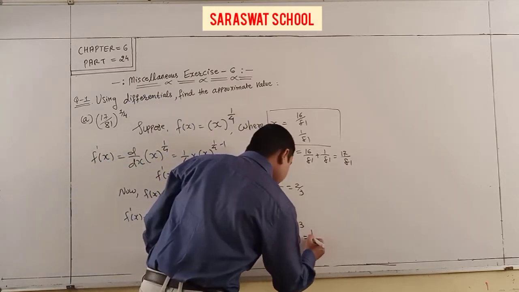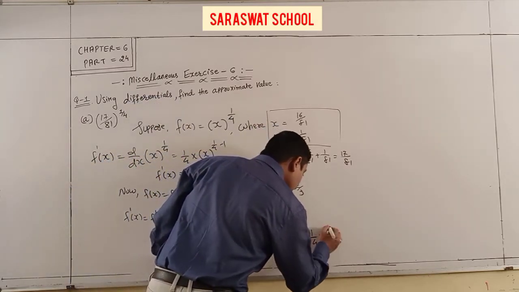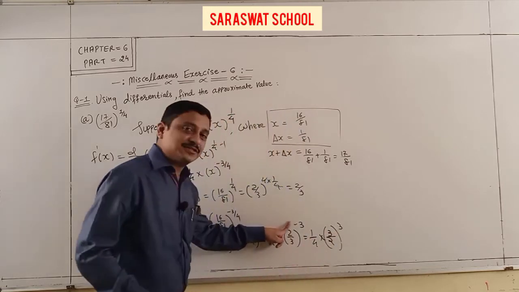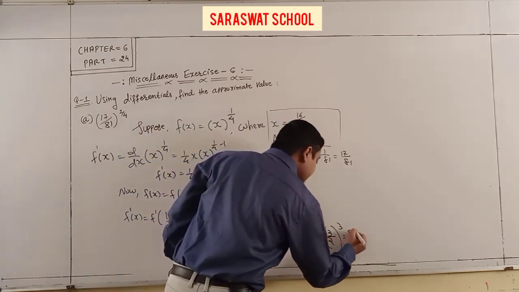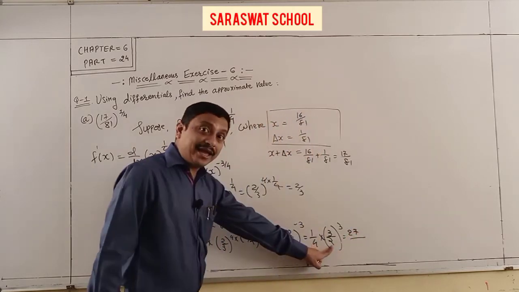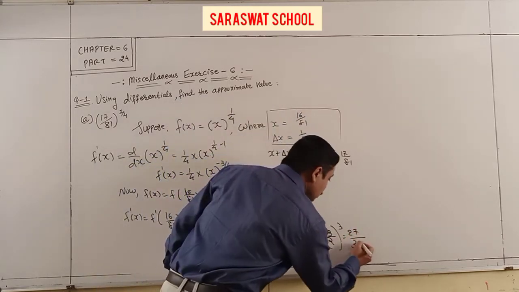So 1/4 gets (3/2) raised to the cube, because the minus power I am already converting into plus, and my answer is 3 cubed is 27, 2 cubed is 8, 8 fours are 32.